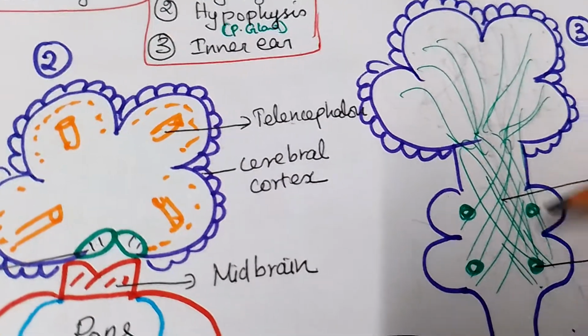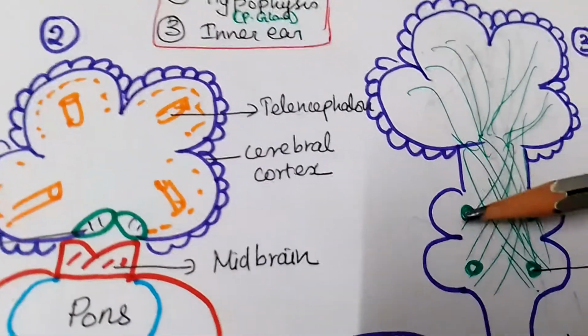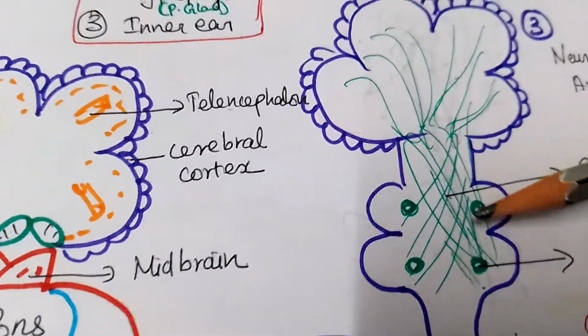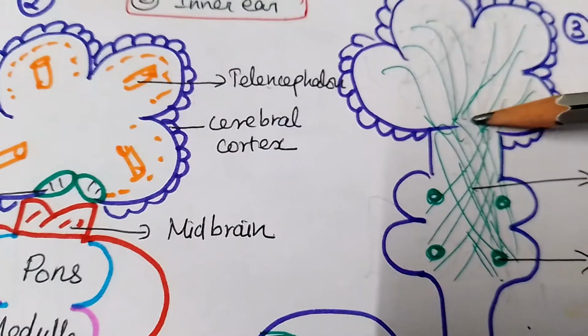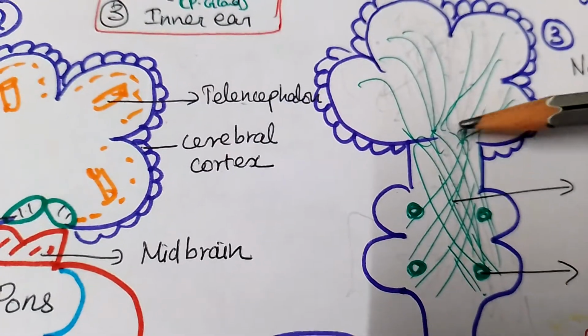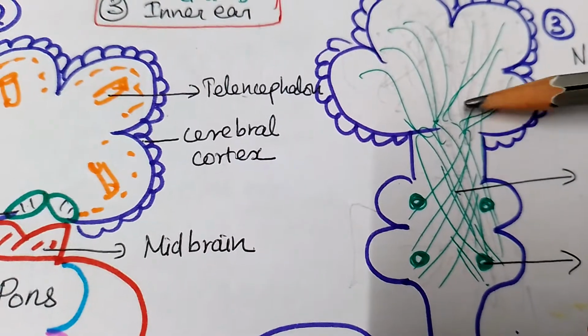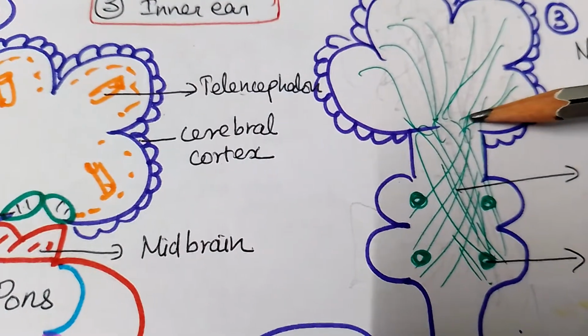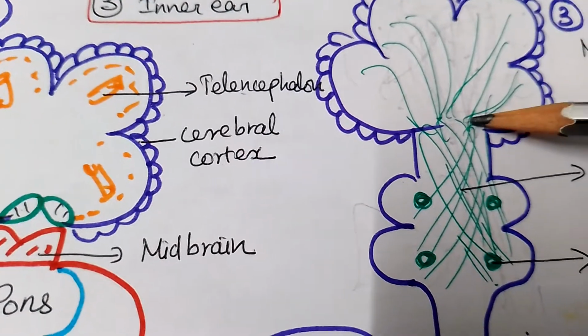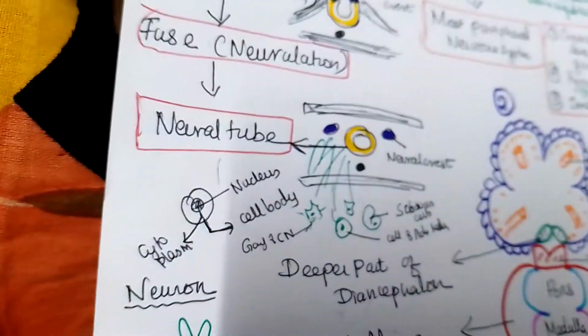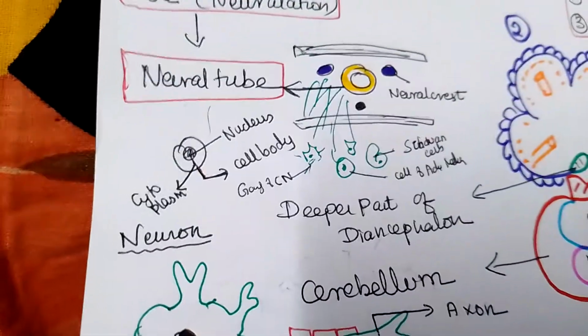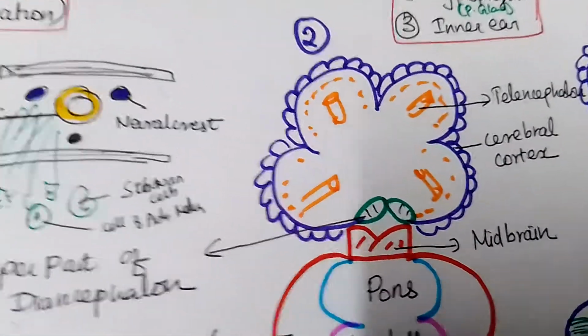There are multiple pieces of gray matter in the deeper portion of the brain. These multiple gray matters together in the cerebral hemispheres are called the basal ganglion. For example, in the deeper part of the diencephalon, the basal ganglion will be present.